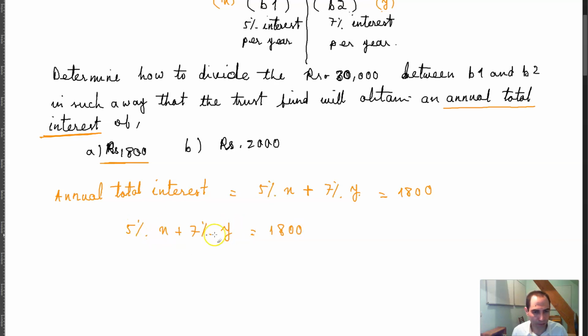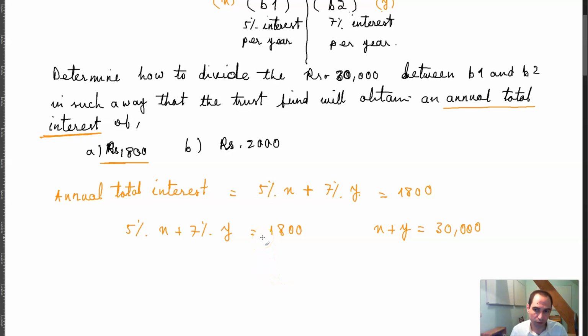Now here there is a problem: depending on how much I invest here, I will have some money left for Y, meaning that the more I invest here, the less money remains for me to invest in Y, and vice versa, of course. But the good news is that I know the total amount of investment is 30,000 rupees.